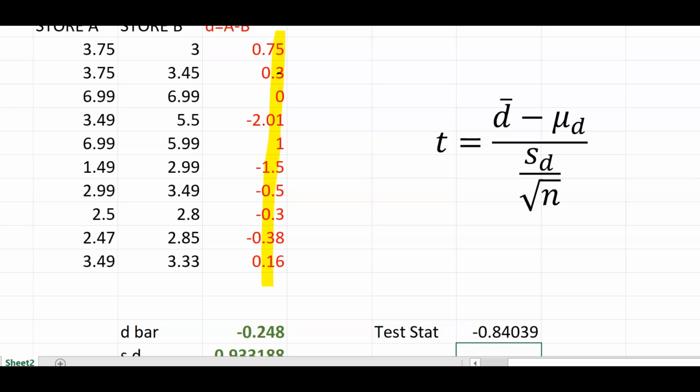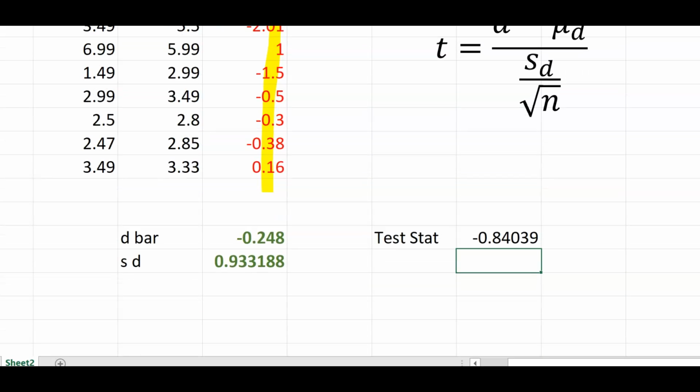And it's defined as A minus B. And then I will be using this formula accordingly. So d bar here represents the average of that column. We know how to take it, equal average.